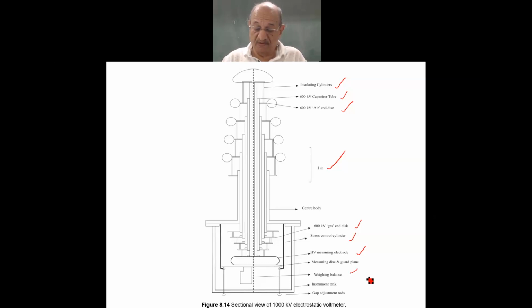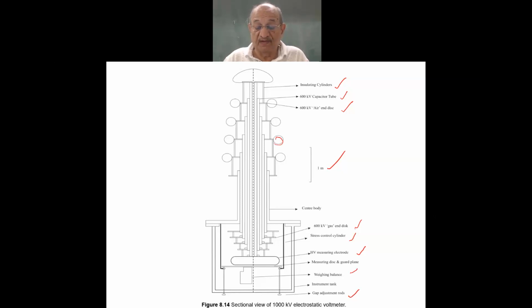this is the whole tank as it is there, and gap adjustment can also be done for different ranges. So this is the cross-sectional view as you can see here. These are electrodes provided here so that electric stress is controlled.